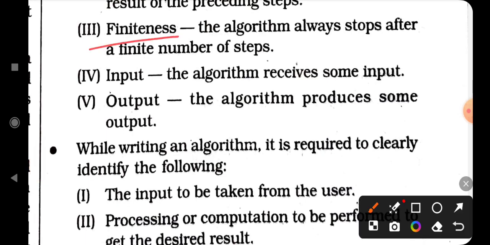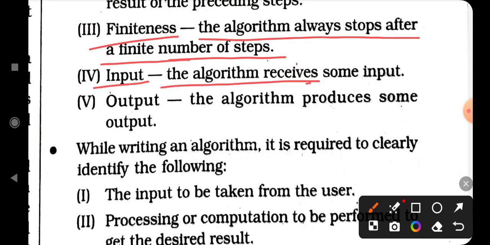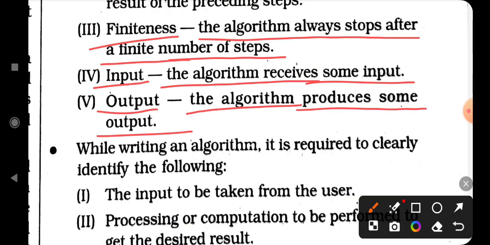Finiteness: the algorithm always stops after a finite number of steps. Input: the algorithm receives some input. Output: the algorithm produces some output.